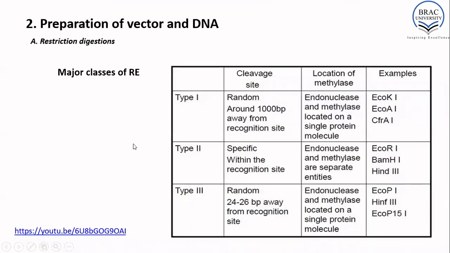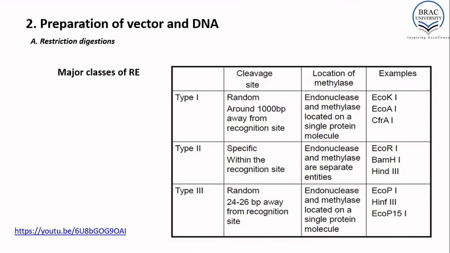Restriction enzymes are broadly classified into three major groups. Type 1 restriction enzymes cleave randomly, about 1000 base pairs away from the recognition site. So it is not really cutting the recognition sequence itself.